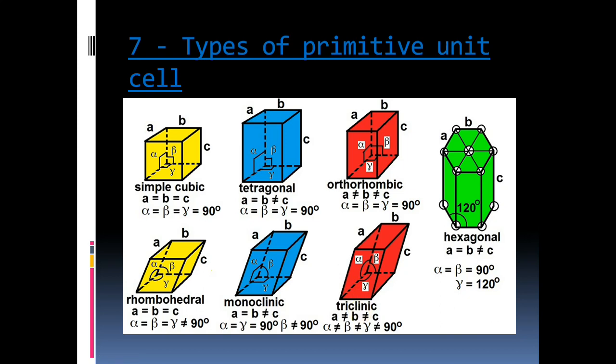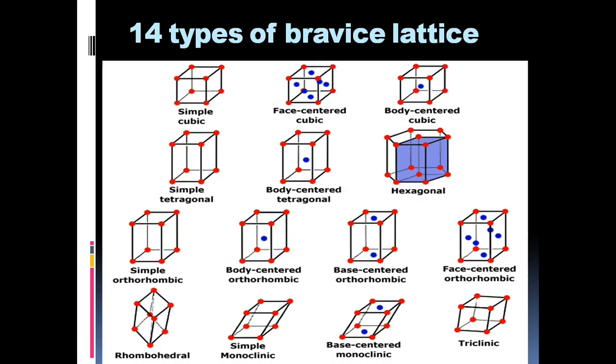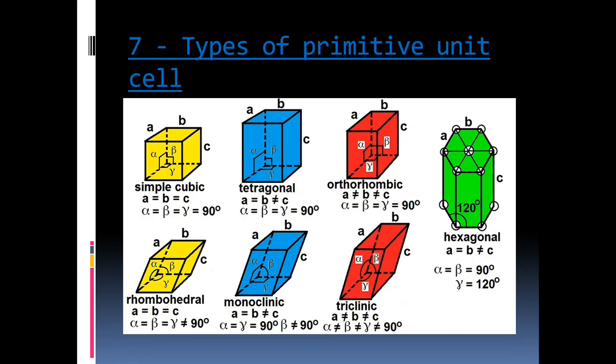Okay, now based on the 7 types of unit cell, we have got 14 types of Bravais lattice or crystal lattice. Is it clear? I shall explain to you. In the previous slide I told you that we have got 7 types of unit cell.